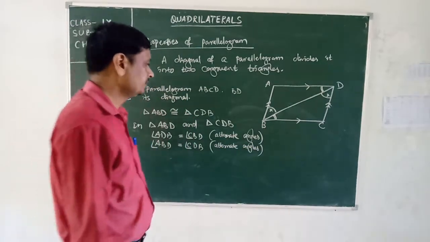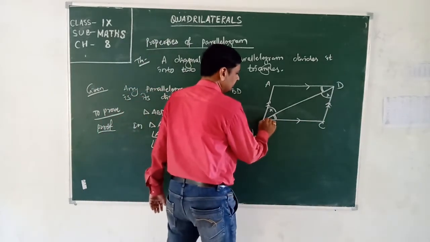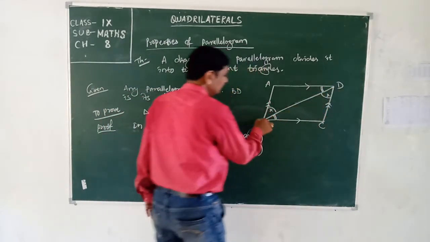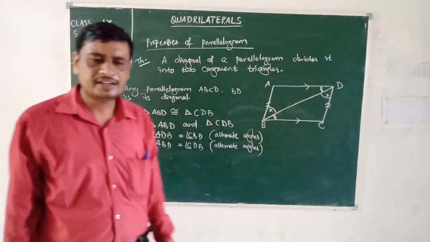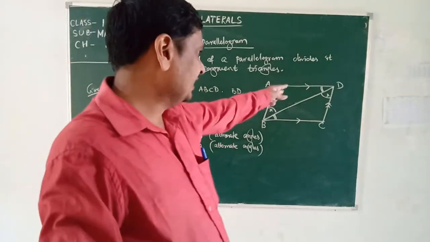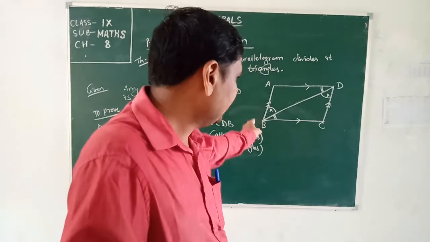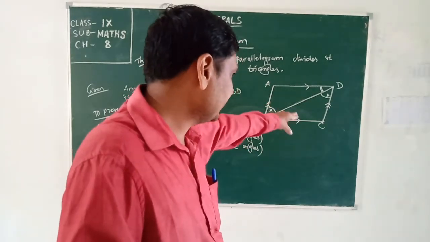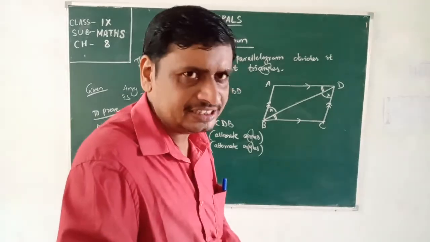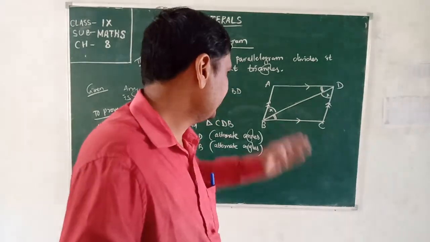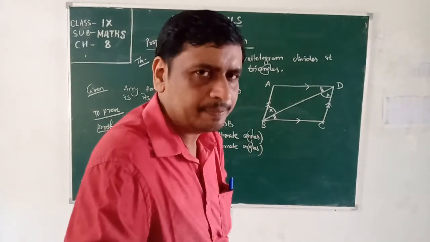Next, this side BD helps in the construction of triangle ABD and the same side BD helps in triangle BCD. It is the common side in both the triangles. So we can write BD and DB are equal.